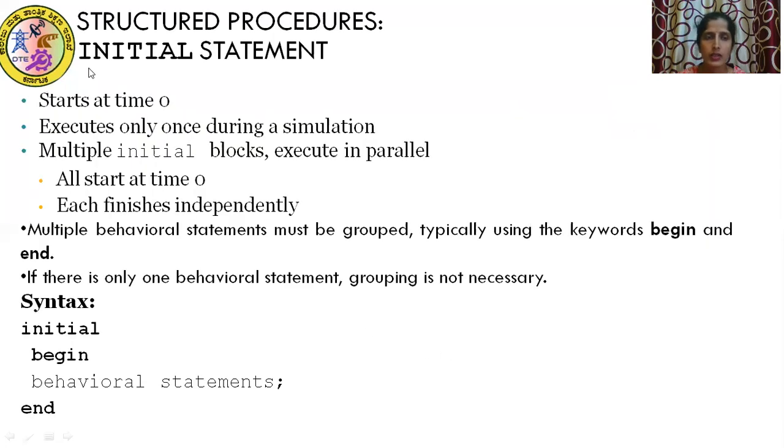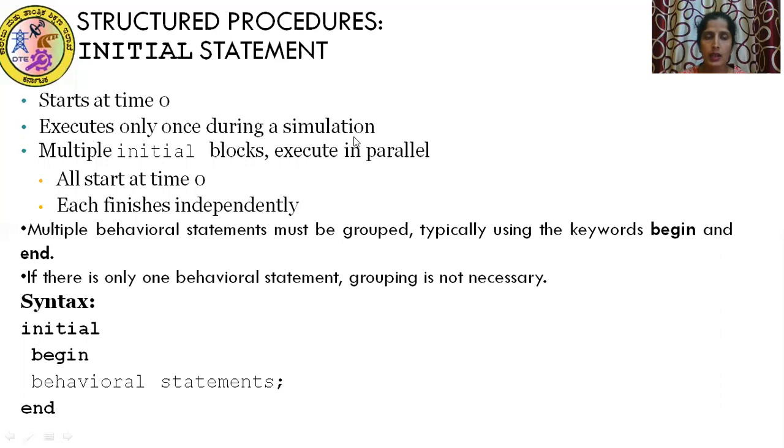Let us know in detail about the first structured procedure, that is the initial statement. The statements written within the initial statement begin their execution at time 0 and execute only once during a simulation.